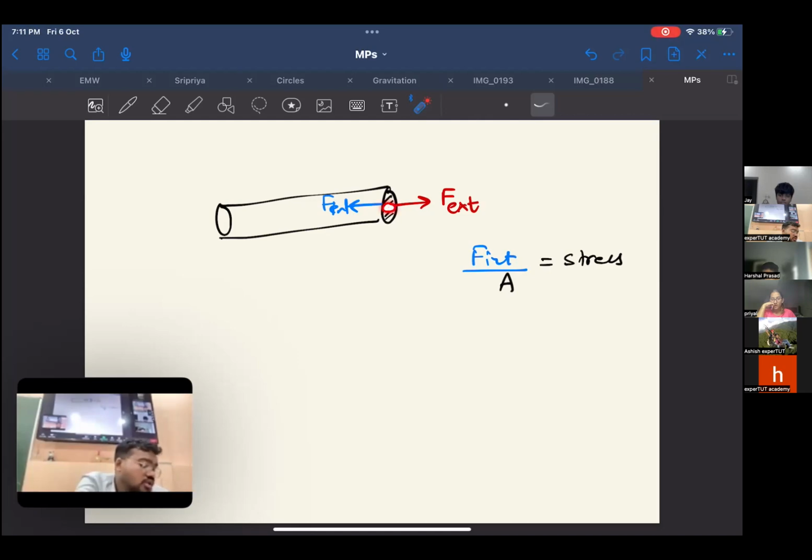In this, the atoms are separating in this horizontal direction, right? And the force is also in the horizontal direction. Okay, write this: the force and the atom separation are in the same direction.